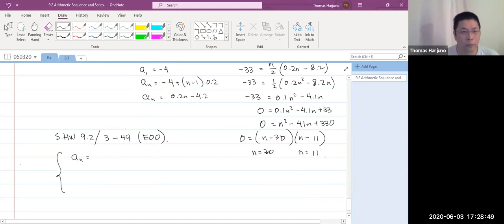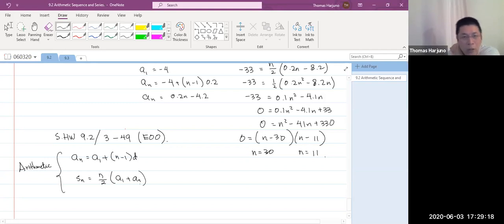Okay, so if we have an arithmetic sequence, then the nth term is the first term plus n minus 1 times d. And then the nth partial sum will be n over 2, the first term plus the last term. Now, of course, speaking about variation, there are a lot more variations from here. But whatever variation you deal with, if you try to create shortcuts, you may have a lot of shortcuts and get confused which shortcut to use.